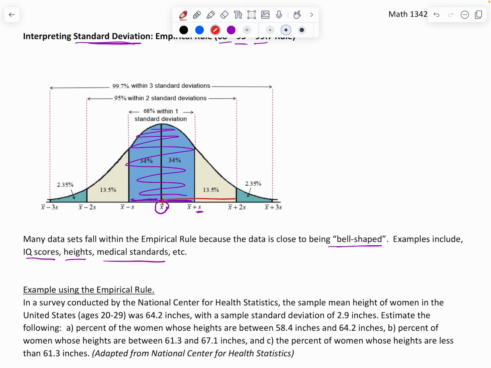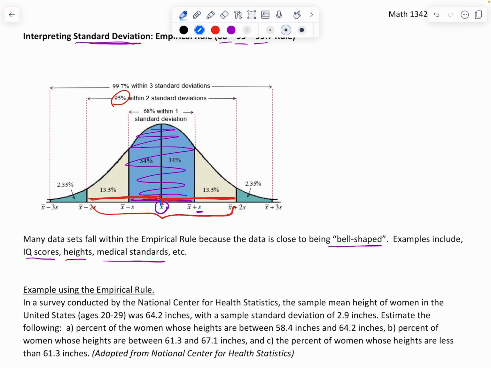Within 2 standard deviations of the mean, so again, here is my mean, I'm adding 2 standard deviations to the left and to the right. 2 standard deviations, and that's going to be this area. That's going to cover about 95% of the population.